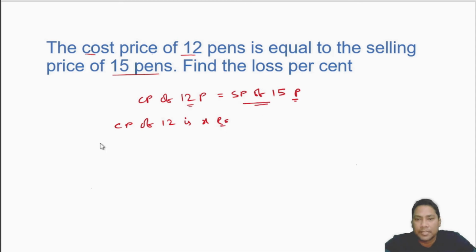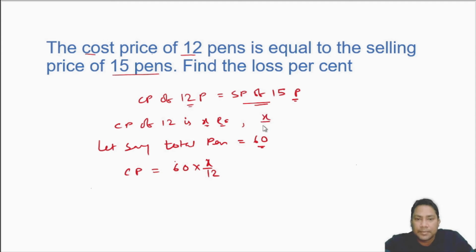So from here, let's say the total pens are 60. We know the cost price of 12 pens is X rupees, so the cost price of 60 pens will become 60 multiplied by X by 12. From here we can take out the value of 1 pen. The value of 1 pen will become X by 12.